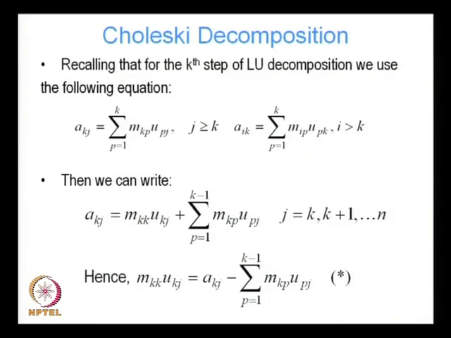So, just by moving terms to the left hand side, M_KK U_KJ is equal to A_KJ minus sigma P equal to 1 to K minus 1 of M_KP U_PJ.